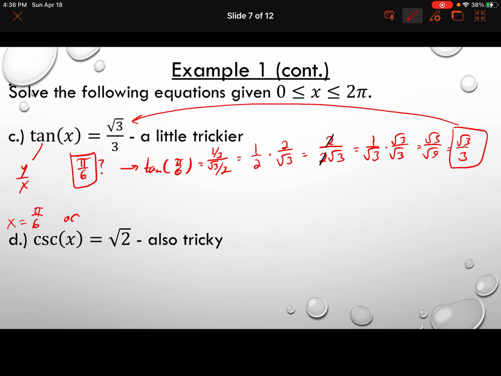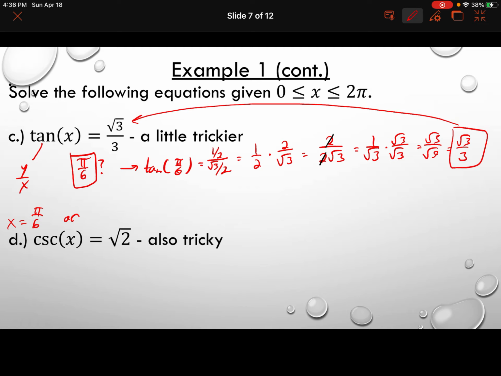Now, there is another solution, because remember, on the unit circle a lot of the points are very similar to one another. One of the answers is pi over 6. What is the other point on the unit circle that has 1/2 for y and square root of 3 over 2 for x? It doesn't happen anywhere else, but 7 pi over 6 does work.